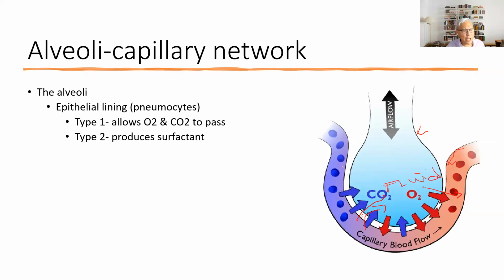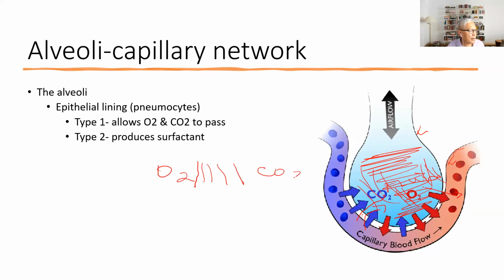So when fluid goes into the alveoli, notice that in order for oxygen and carbon dioxide to penetrate, they're going to have to go through this fluid. So it's almost like if this is the fluid, and this is the oxygen, and this is the carbon dioxide, the oxygen needs to go over here, but it couldn't because of all this fluid. And the carbon dioxide cannot go in as well in order for it to be exhaled. That's what's going to happen. You're going to have poor gas exchange.